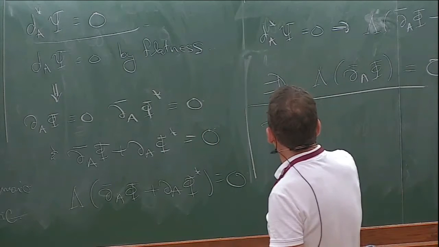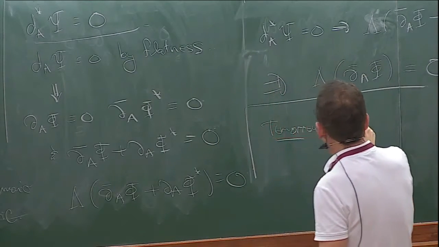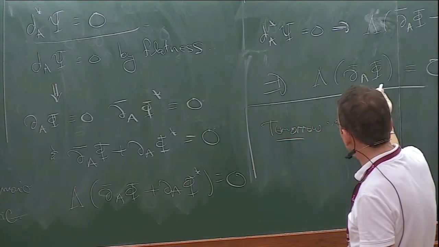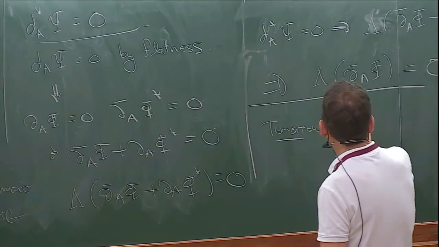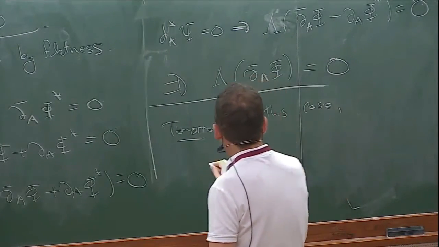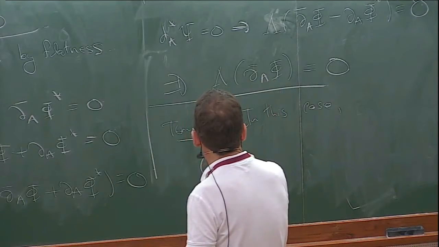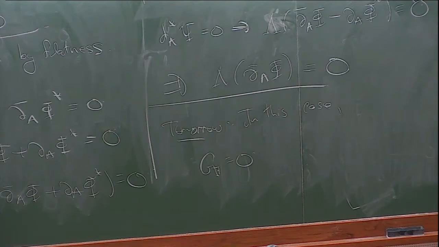Tomorrow we want to show that in this case actually G nabla is 0. And that will be the completion of the proof, because then we know that a semi-simple flat connection always comes from a Higgs bundle in this form. All right, so I'll stop there.